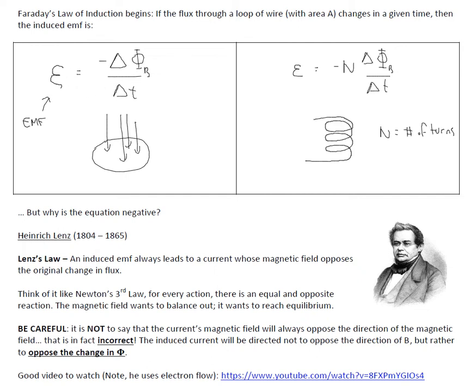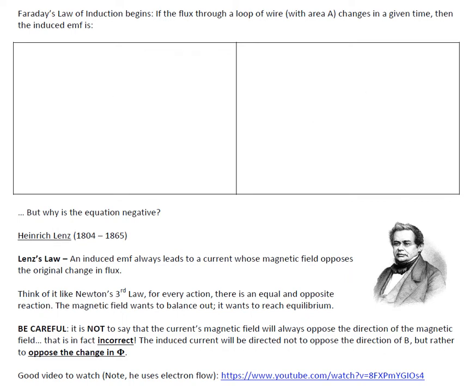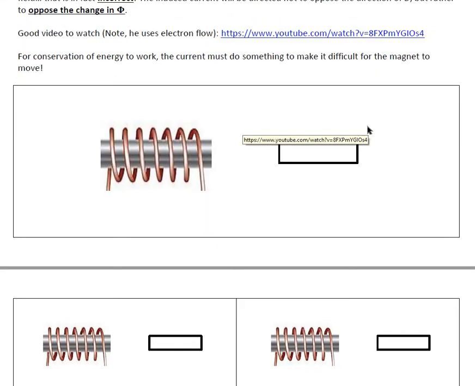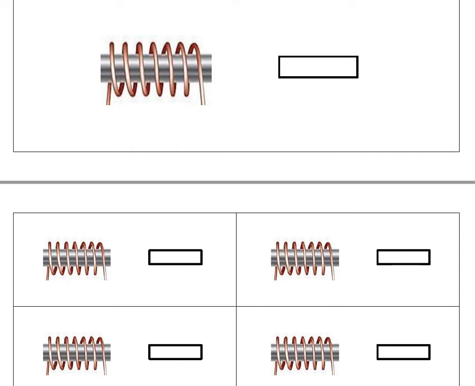So let's see if we can go over the different scenarios. The tough thing is always, is it going to go clockwise or counterclockwise? Which way will the current travel? So let's scroll down. We have a couple different examples right here. Let's say we have a north and south magnet.